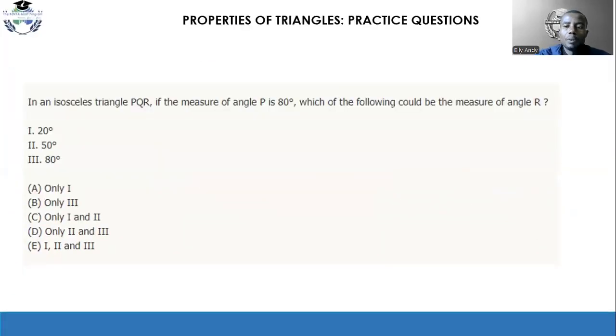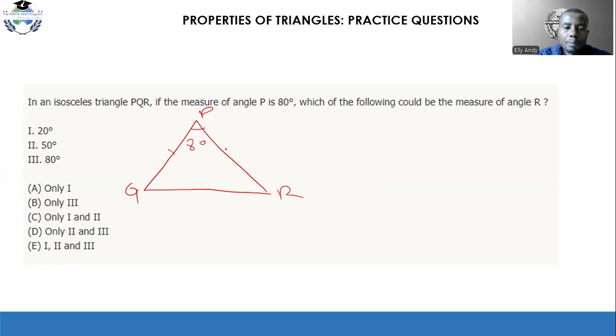Okay, so we'll look at another example here. In this case, we have an isosceles triangle PQR. So let's sketch this. P, Q, R, and we are told that P is 80.